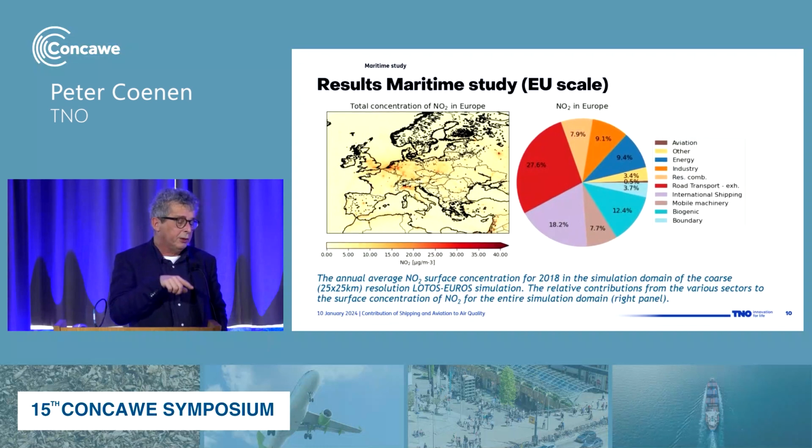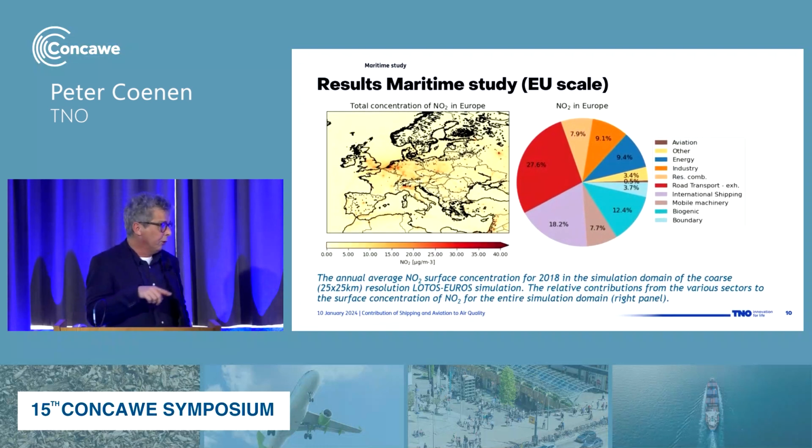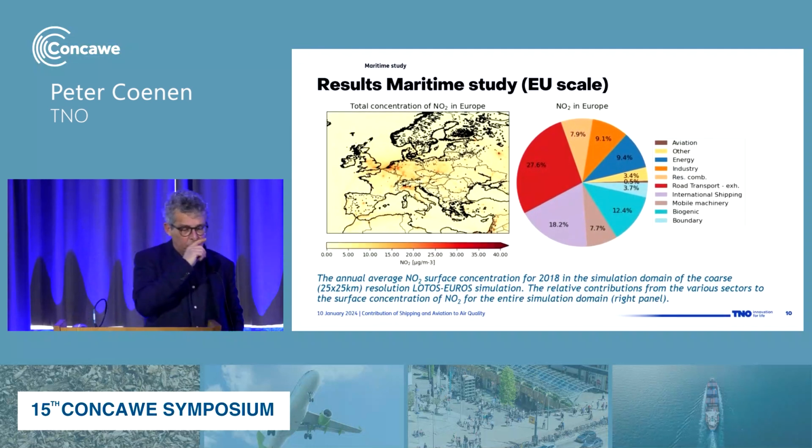Please bear in mind, this is the average concentration over the total domain. So if you zoom into detail, it will become different. But you see, at this level, 18.2% of the NO2 concentration can be explained by international shipping. So that's not negligible.